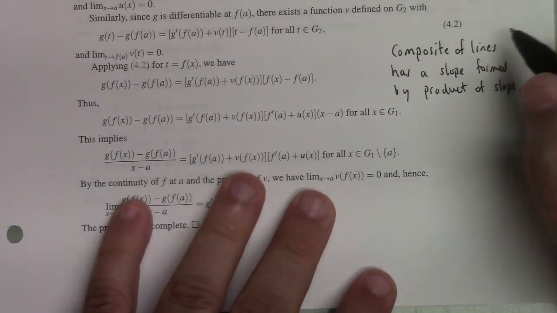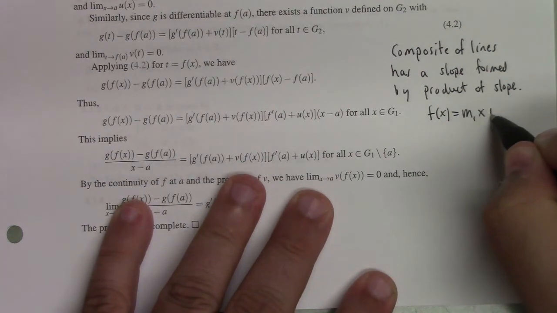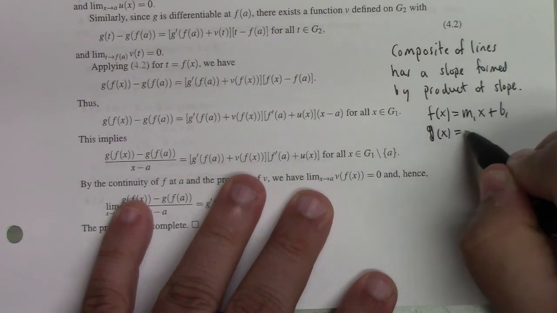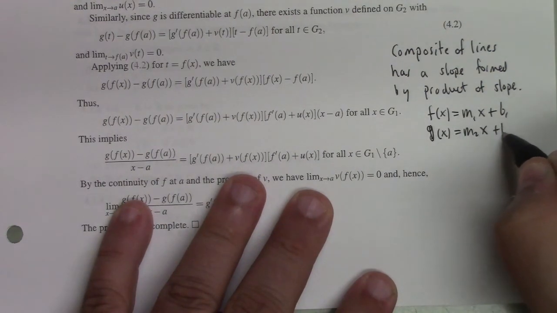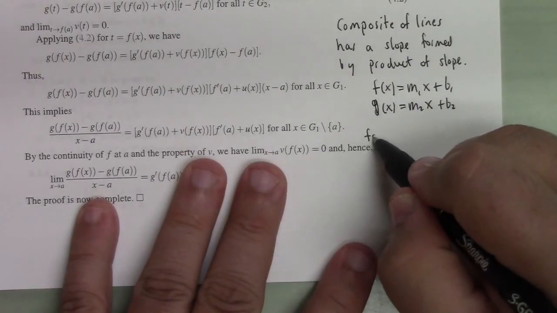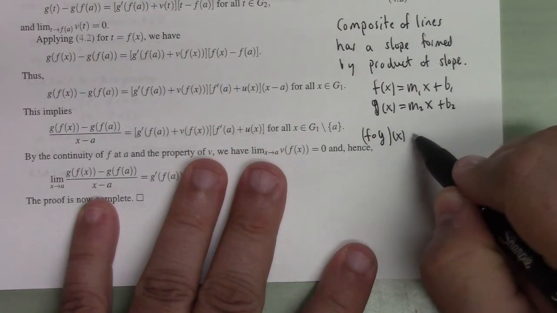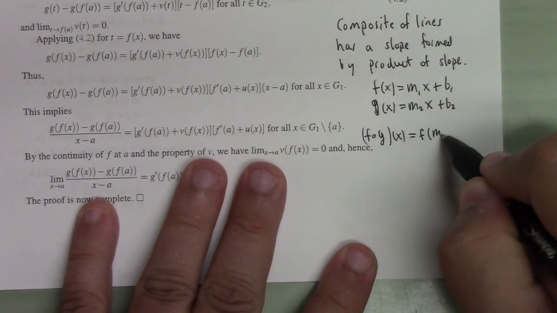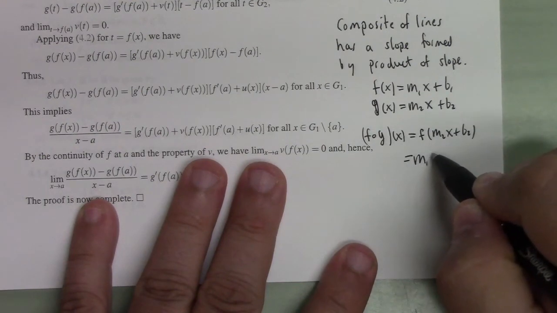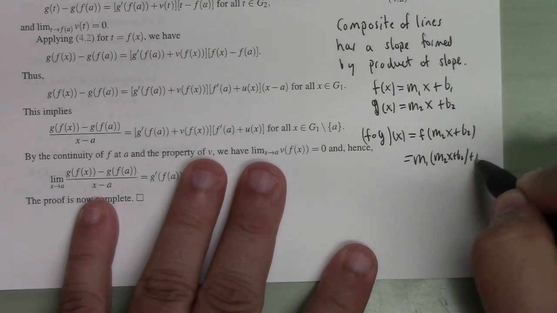So let me show you about this. f of x equals, say, m1 x plus b1. g of x equals m2 x plus b2. If you compose f and g, f composed with g, I guess we were doing g composed with f for the other one, but whatever, then that's f of m2 x plus b2, which is m1 times m2 x plus b2, plus b1.